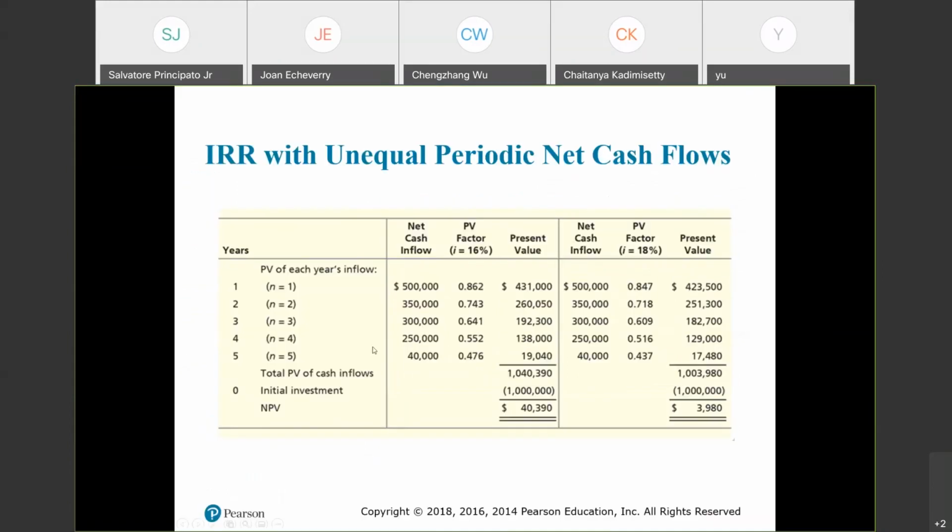So next, let's take a look at the calculation of IRR with unequal periodic net cash flow. To calculate the IRR with unequal periodic net cash inflow, we must use a trial and error procedure to determine the discount rate making a project's NPV equal to 0.